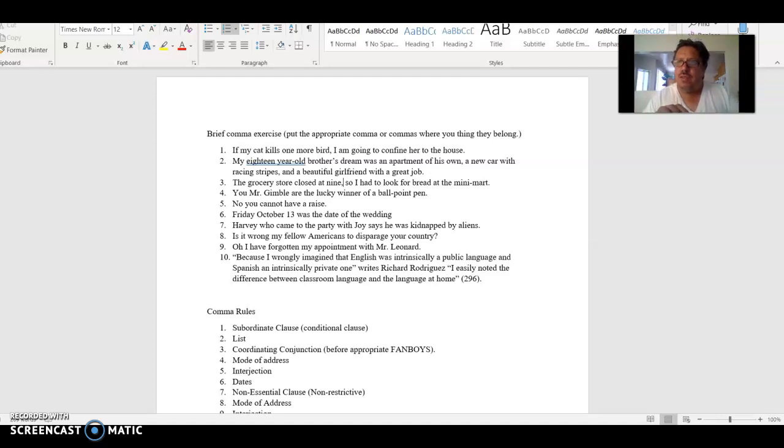If subordination means putting one lesser thing with one sort of superior thing, right? That's what subordination is. A non-sentence, which is lesser than a real sentence, but we can put them together. Really, the non-sentence depends on the legitimate sentence in order to be part of that sentence, right?